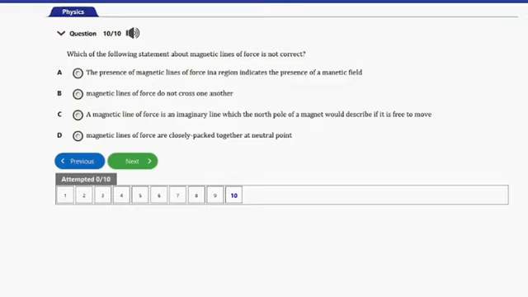C, a magnetic line of force is an imaginary line which the north pole of a magnet would describe if it is free to move. And then D, magnetic lines of force are closely packed together at neutral points. So guys, the answer to this question is option D here. That's the odd option here, and that's the only statement about the magnetic lines of force that is not correct. So this is where we'll end this video for today, guys.